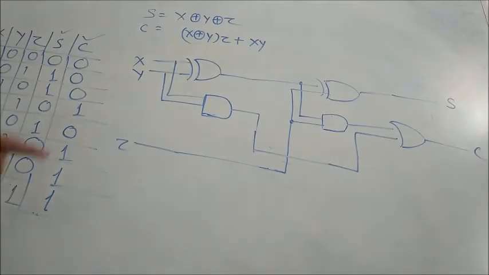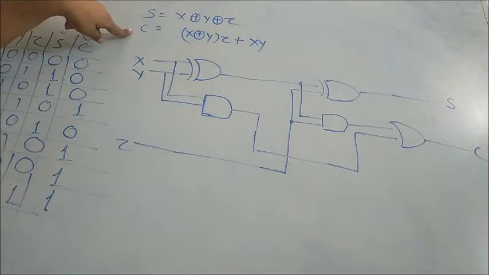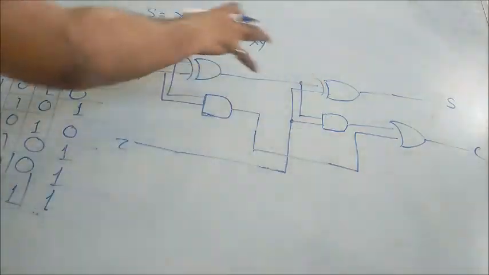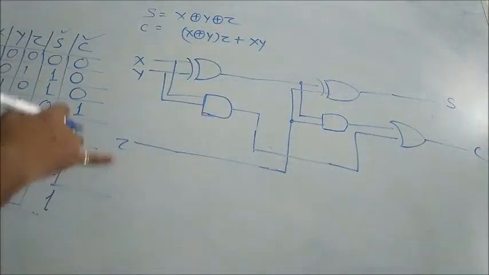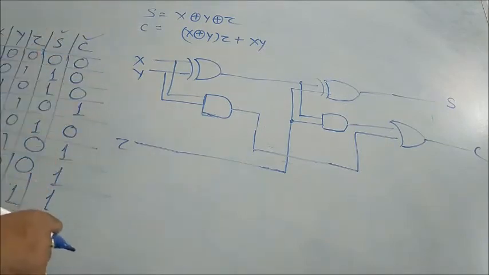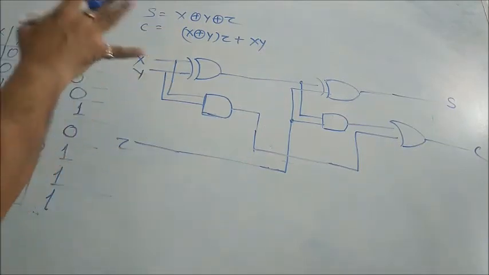On the basis of these two behaviors of sum and carry, I have drawn the logic diagram of the full adder. In it, initially I have taken two inputs, X and Y. Let's see how.